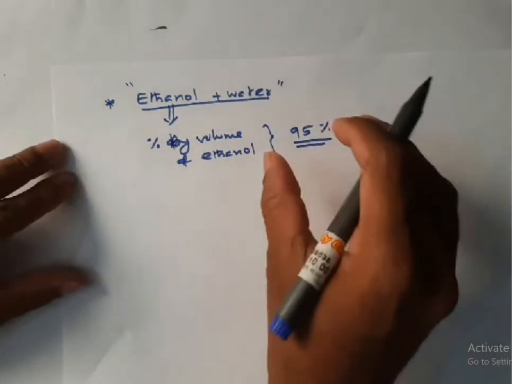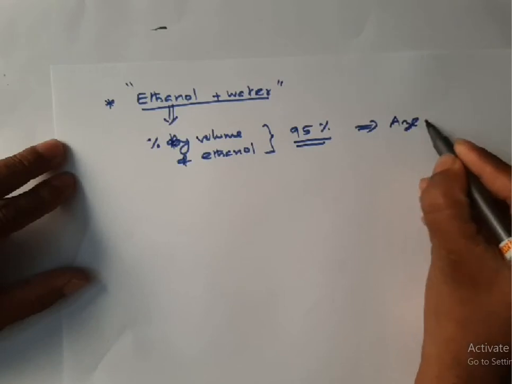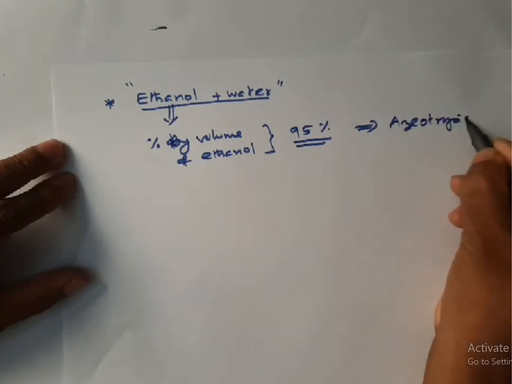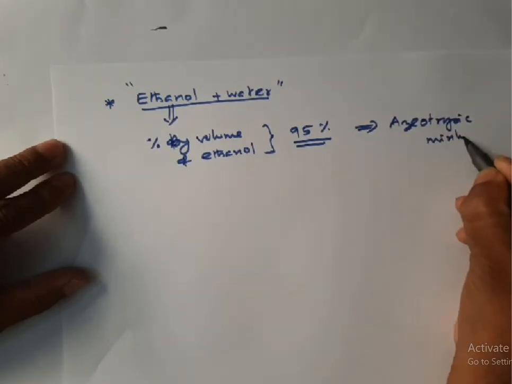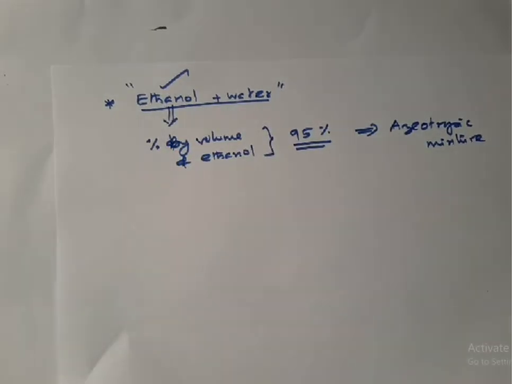Once you reach this composition, then you will get an azeotropic mixture. And I have told you, whenever alcohol is present, what type of deviation will you get?